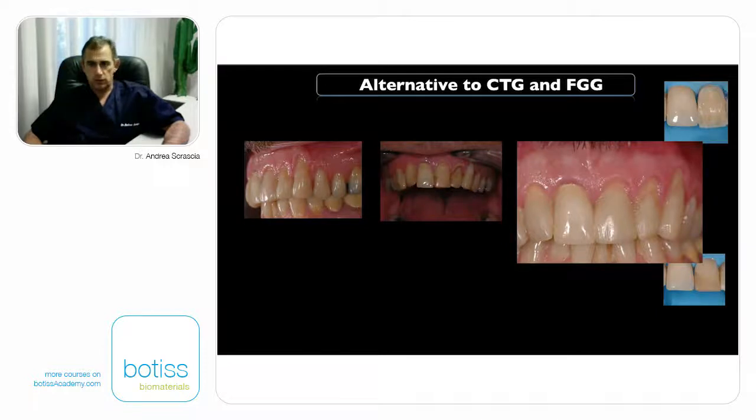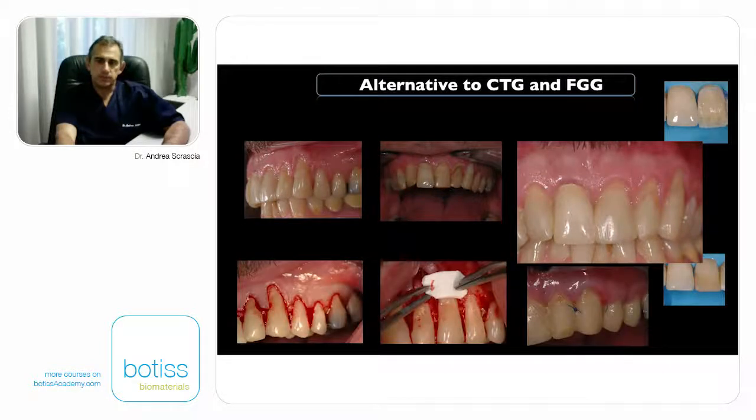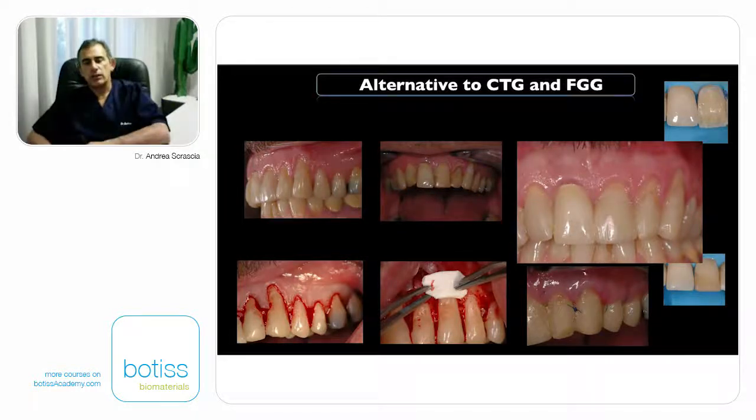Before approaching the reconstructive surgery of soft tissue, my team prepared the patient with a periodontal and restorative approach, and at that point I was able to execute a mucogingival surgery to regain a Miller class II on 2.3, and I used the membrane.